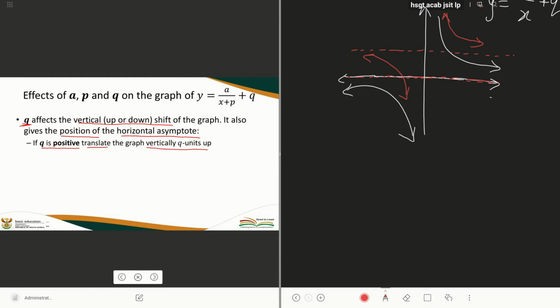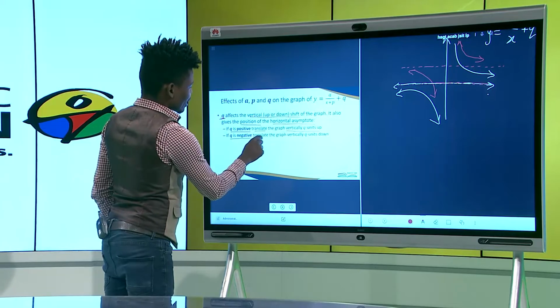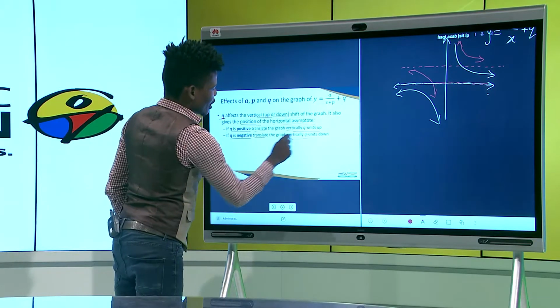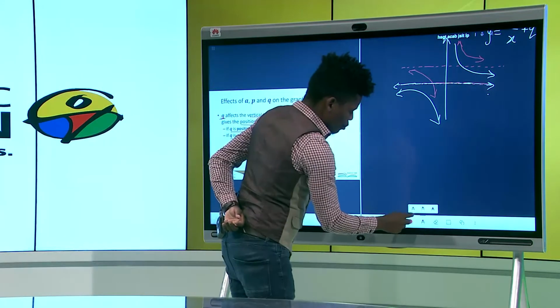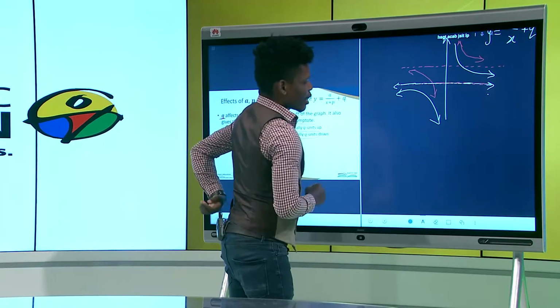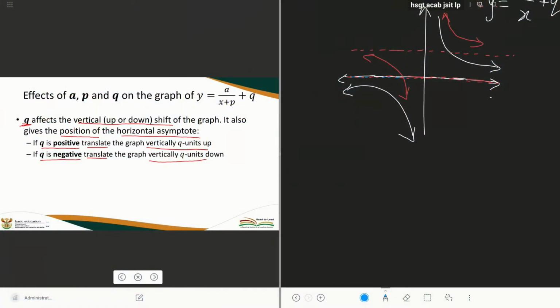Now, if Q is negative, we are going to translate the graph vertically Q units down. Let me get a different color. Again, originally, your asymptote was right on the x-axis. So if Q is negative, you are going to shift your graph downwards, meaning that the asymptote also shifts downwards.